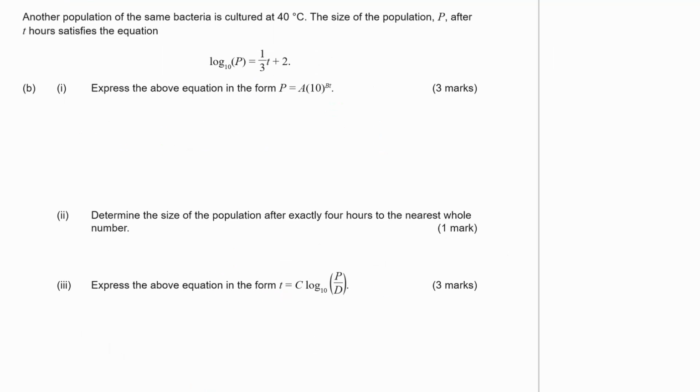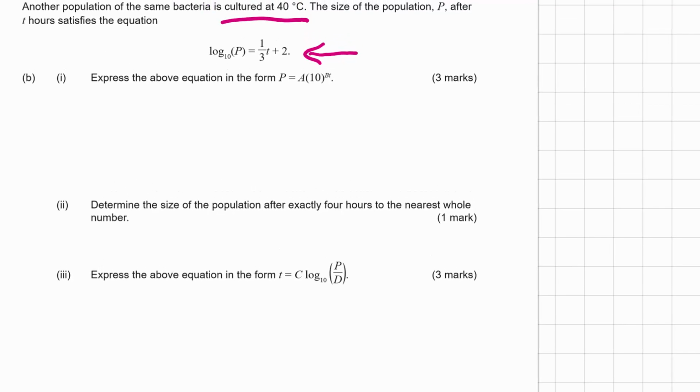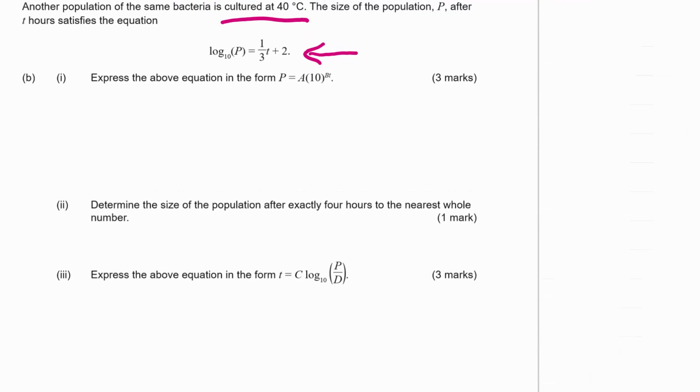Another population of the same bacteria is cultured at 40 degrees. The size of the population after t hours satisfies this equation just here. Express the above equation in the form p equals a times 10 to the bt. Okay, so let's start with the log, and I'll leave out the 10 because if I just write log, that's what it means.